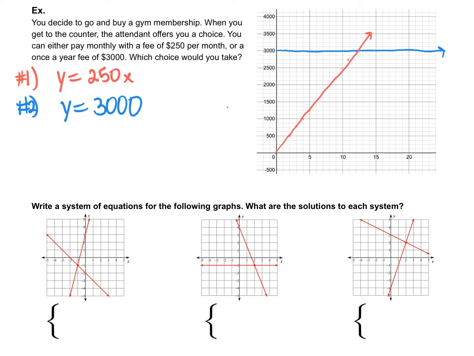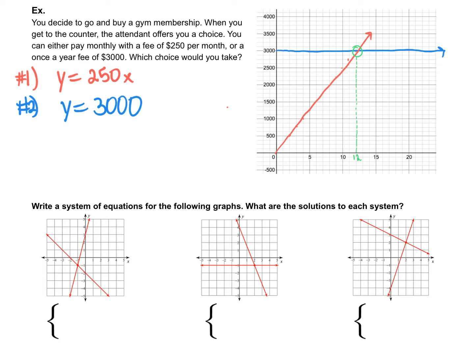All right, so if we have our red line graphed and we want to look at our intersection point, let's circle it in green. And so we see that it occurs up at $3,000, but we want to figure out how long that takes. So I'm going to look down at the x-axis, which looks like it's down at around 12. So what does that mean? Looks like the red line for the $250 a month is going to be cheaper until you hit 12 months.